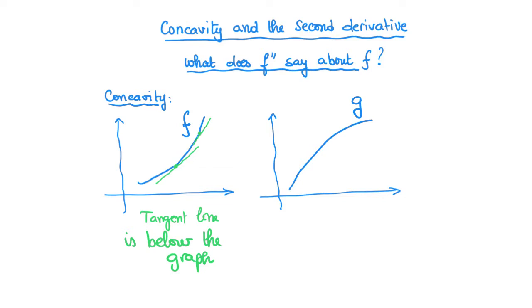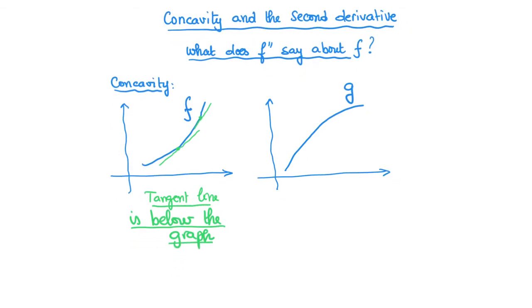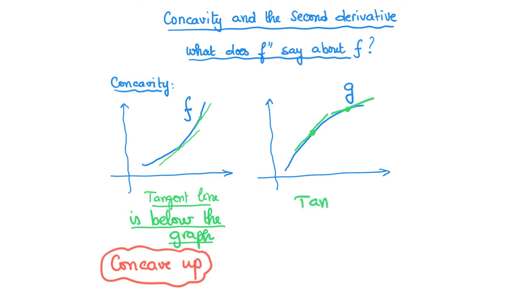Now, the first example where the tangent line is below the graph, this kind of function is basically said to be concave up or upwards, but we will use just concave up. On the other hand, if we look at this graph here, you can see that the tangent lines are always above the graph.